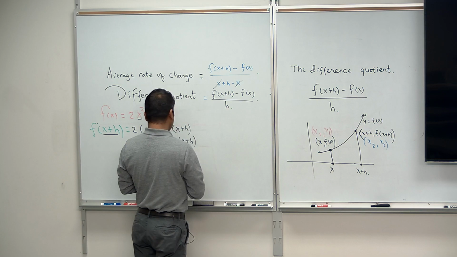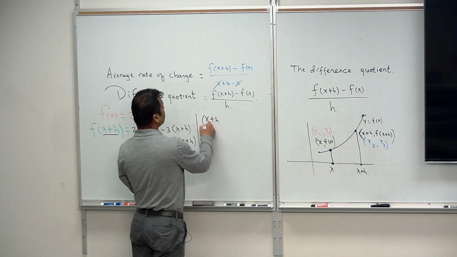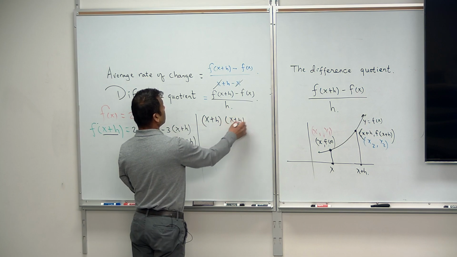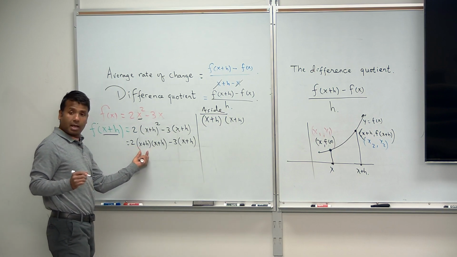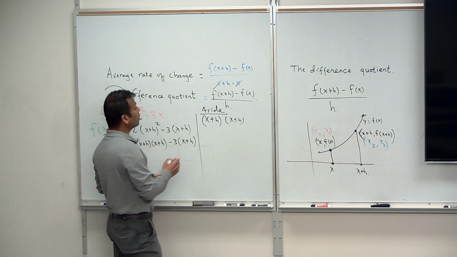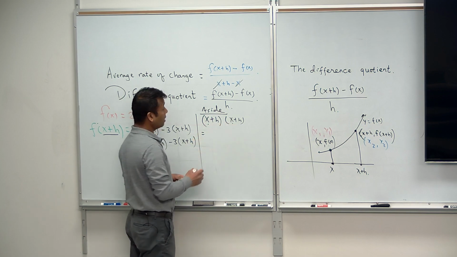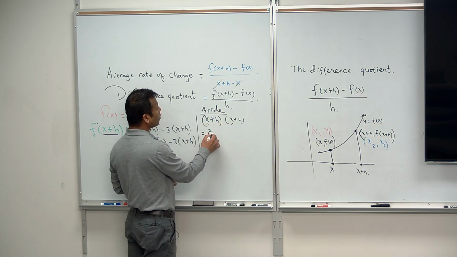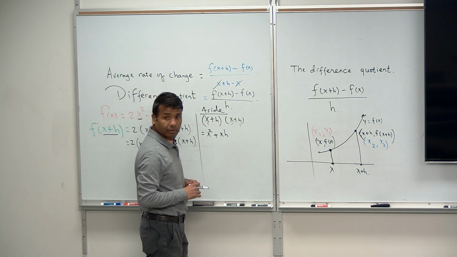So now, what do you do, guys? Let's simplify this x plus h times x plus h. This is a side work, okay? Are you with me? x plus h times x plus h. So what will this be? x times x, you just use the FOIL. x times x, x squared, plus x times h is xh, right?